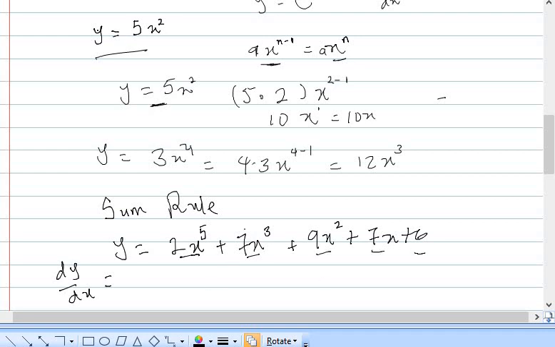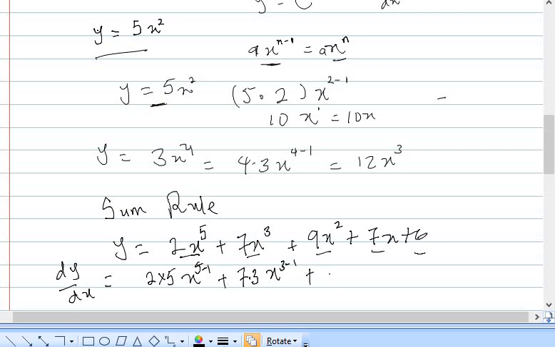individually. So the derivative of the first term is 2 multiplied by 5, then x raised to the power of 5 minus 1, and then for this we can say 7 times 3, then x raised to the power of 3 minus 1. Then for the other terms we have addition between them.